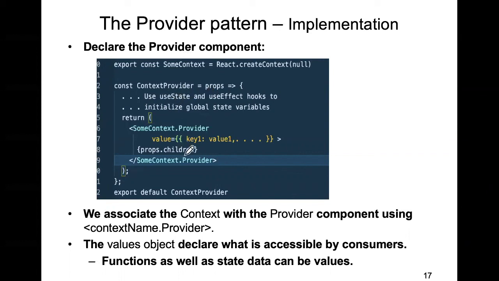And then inside here in the value, that's where you specify which parts of the state that you have here you are making available as context data to the rest of the application. Behind the scenes, the effect of this is to essentially put these key value pairs into the context for us. That's my provider.